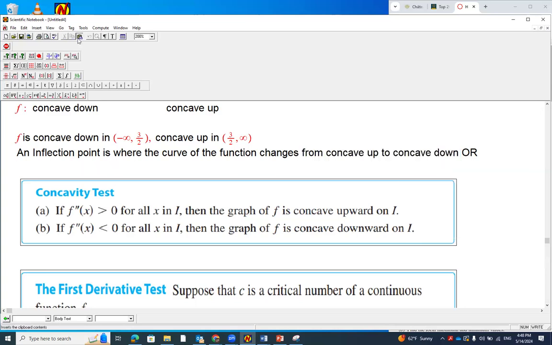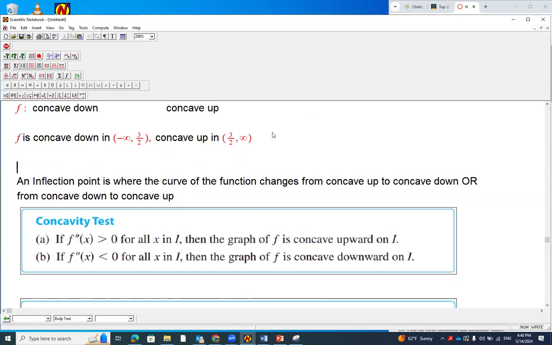So there's a change of concavity. That's the inflection point definition.